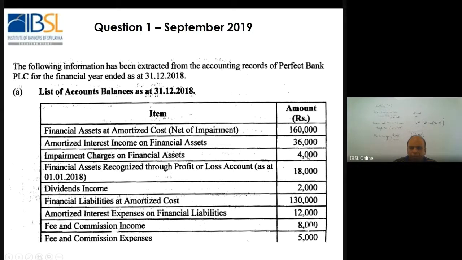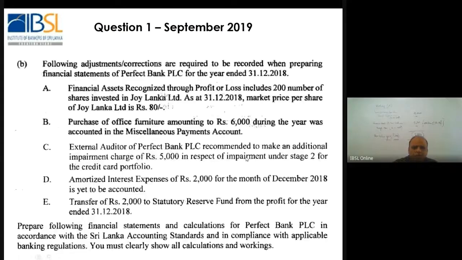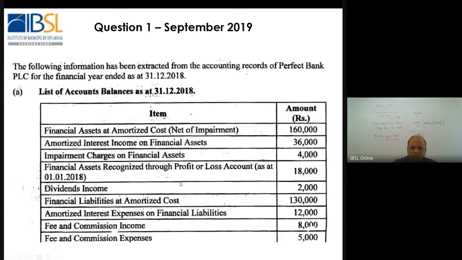But the accumulated impairment is deducted in this, financial assets at amortized cost. You see, net of impairment. So what is happening now? They want you to provide another 5,000. So which means your impairment charge will have to go up by 5,000, which is 9,000. And your financial asset at amortized cost value should come down by 5,000. So this will become 155,000 and this will become 9,000.